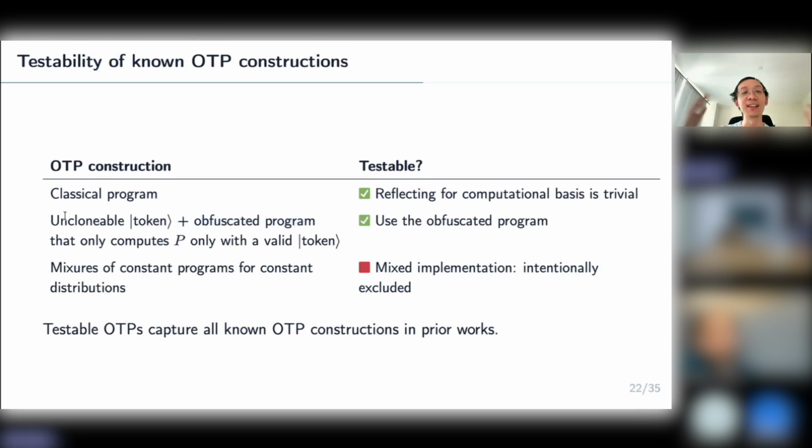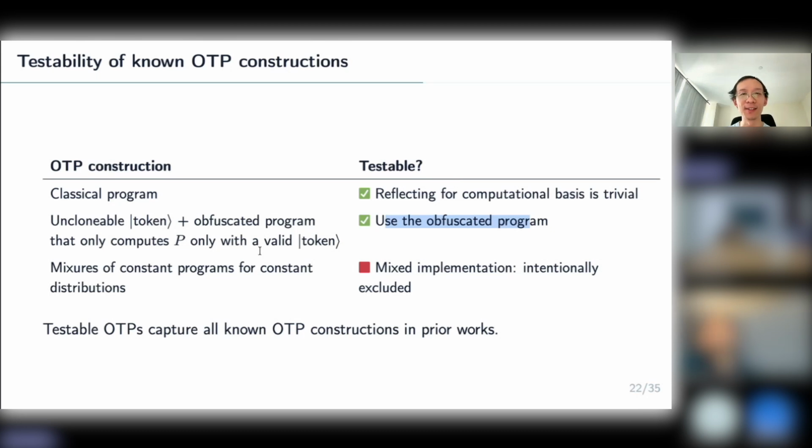So for this class of construction, which is essentially all prior constructions, you can also make them testable because for the first part, you can reflect around the token by just using the obfuscated program to help you test whether the token is correct. And the second part of the program is classical, which we already established is trivial to do reflection on.